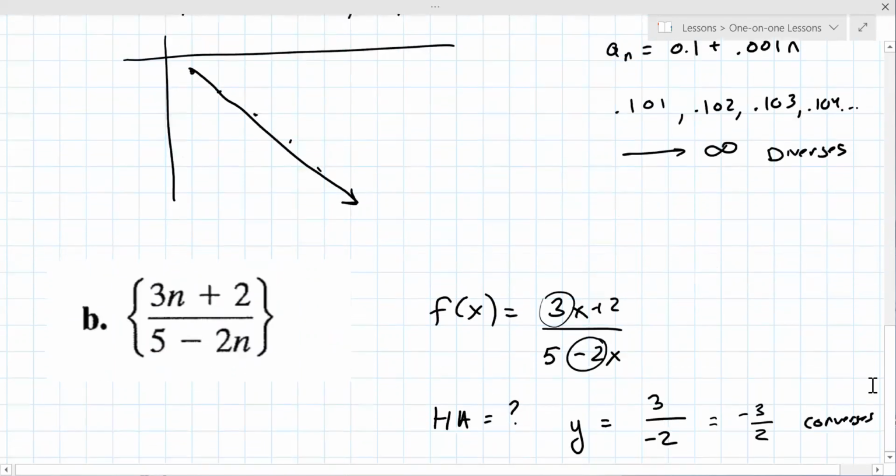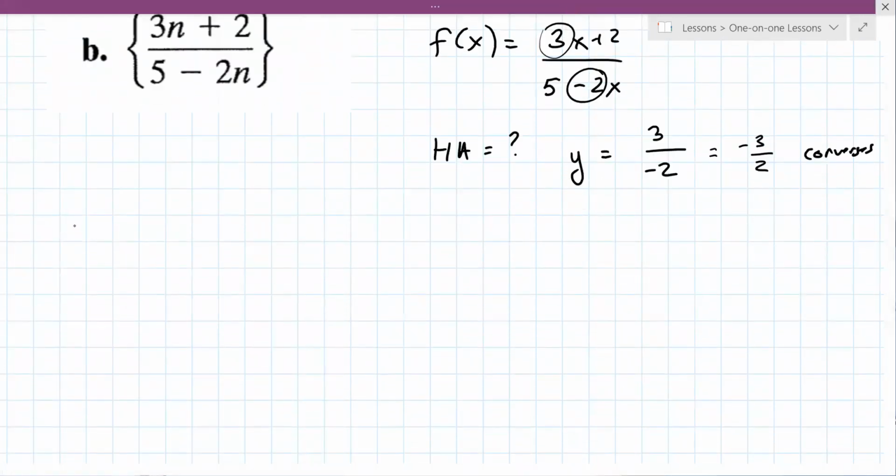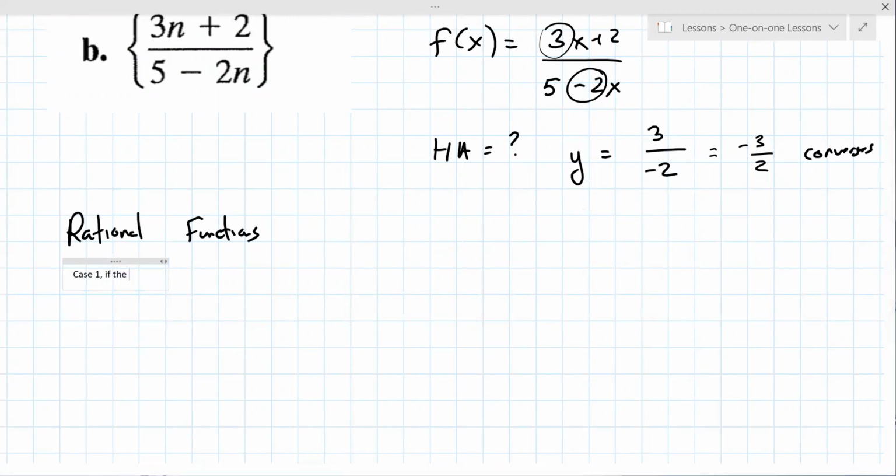Okay, so let's review why this one converges. Rational functions: there's three cases. The first case, call it case 1, and sorry if this is too small, is if the degree of the numerator is less than the degree of the denominator.